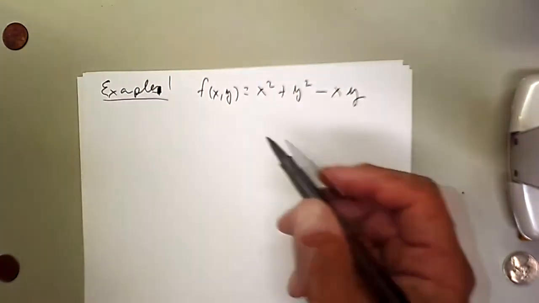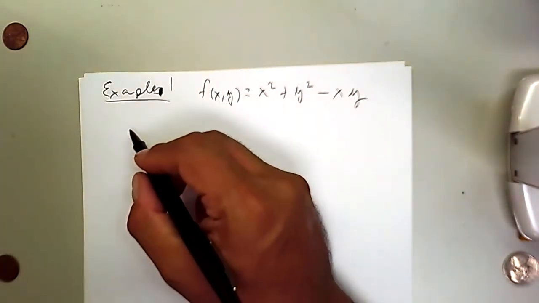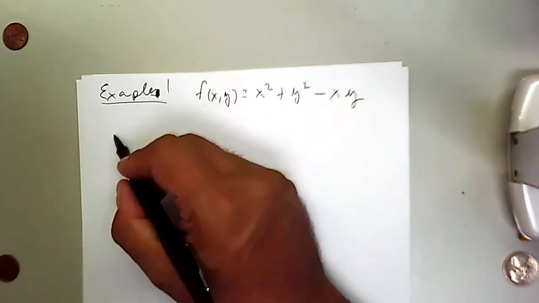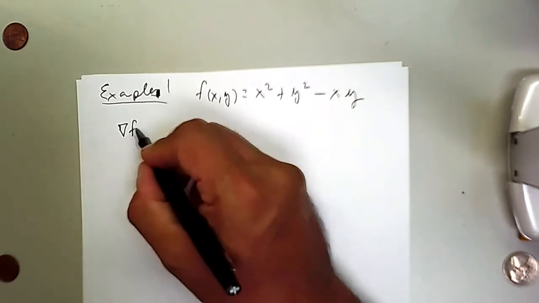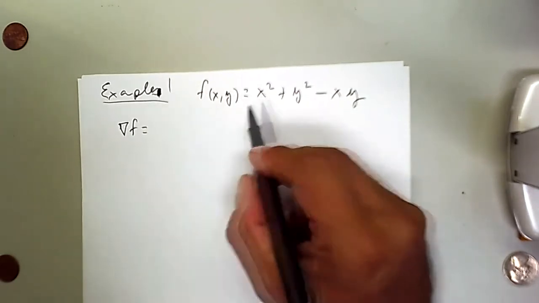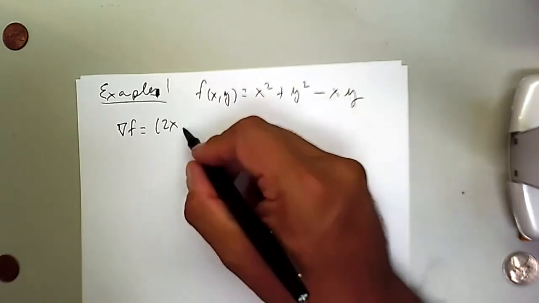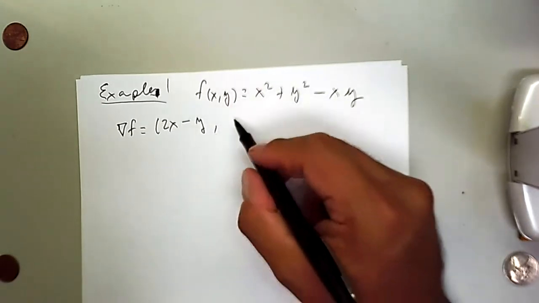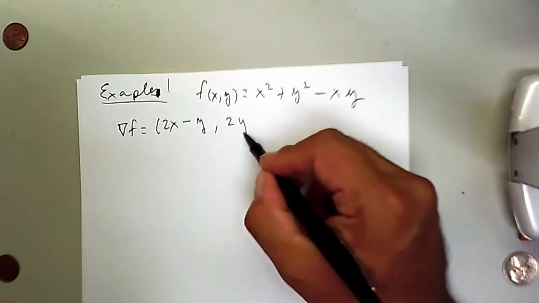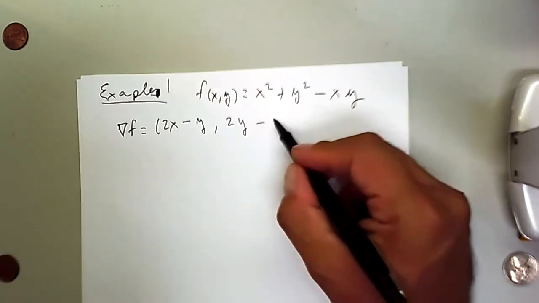So let's find critical values, just as we do in Calc 1. The gradient is going to be 2x minus y, comma, 2y minus x.